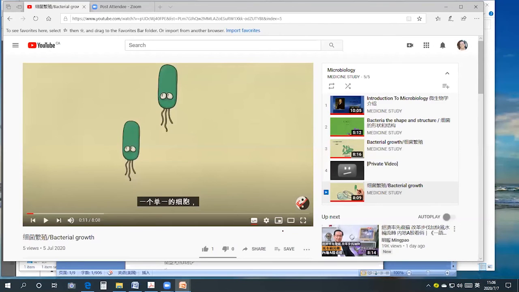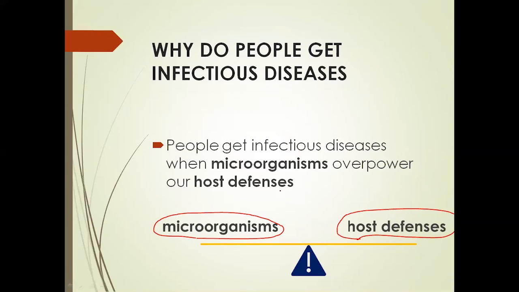Microorganisms, including viruses, bacteria and others, can cause people illness. That depends on how toxic the microorganisms are and how strong the body's immune system is.